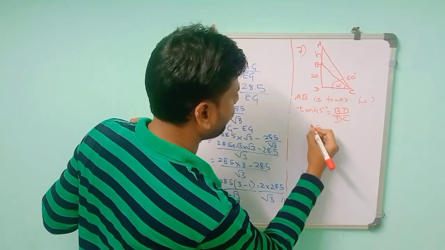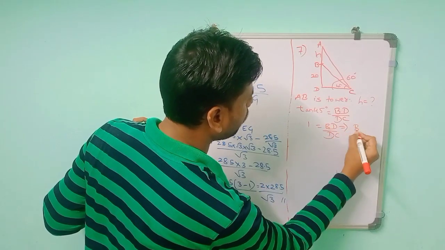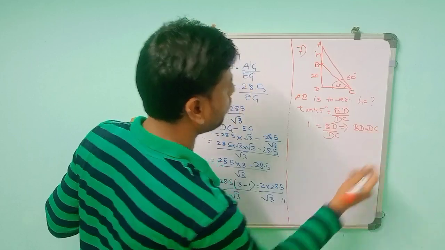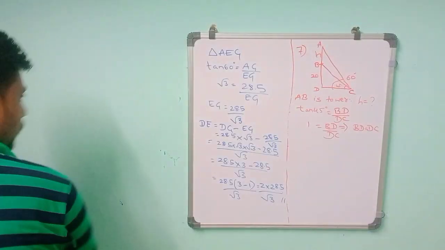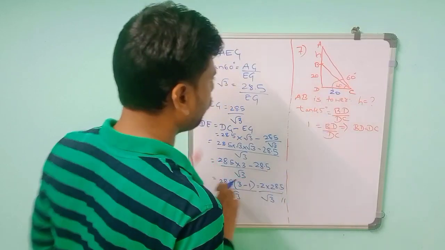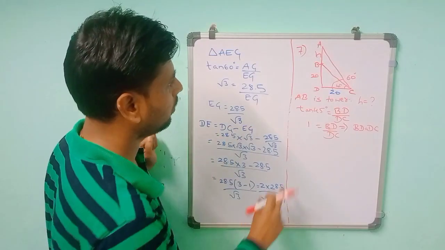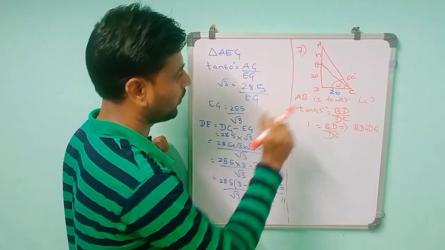Tan 45 is 1. So BD by DC equals 1, so BD is equal to DC. BD is 20, so this is 20 and this is also 20 because BD is equal to DC by the formula, since tan 45 is 1.